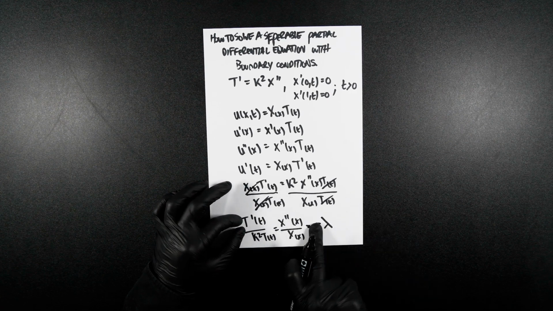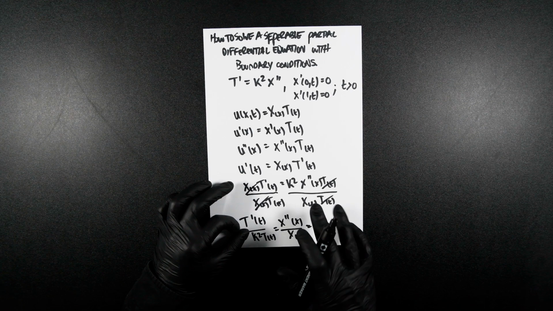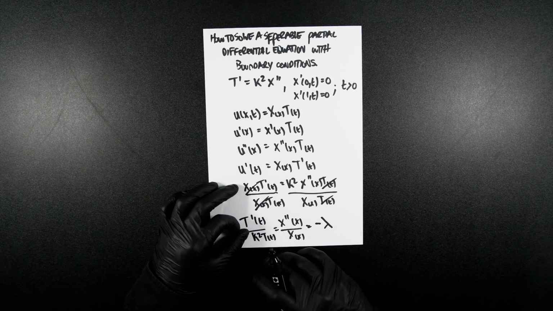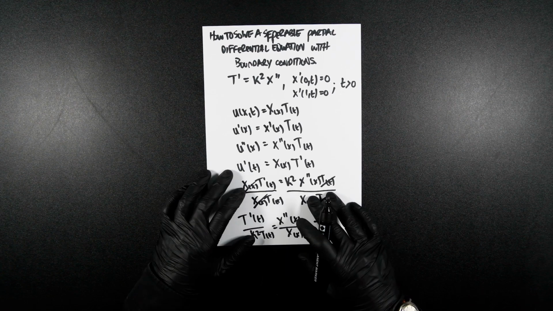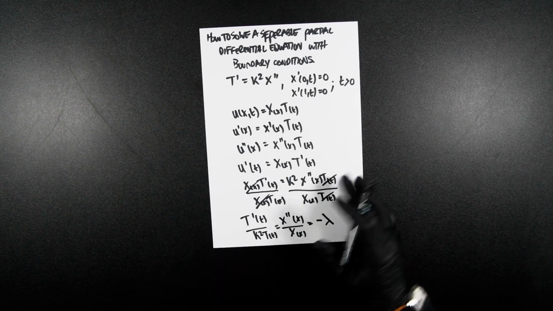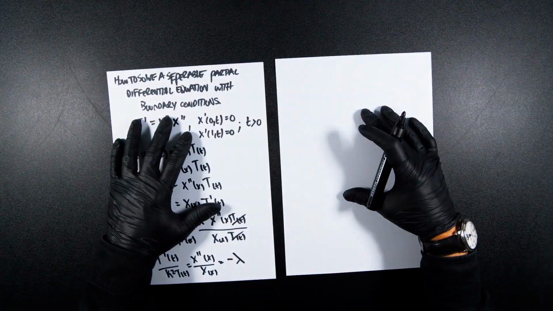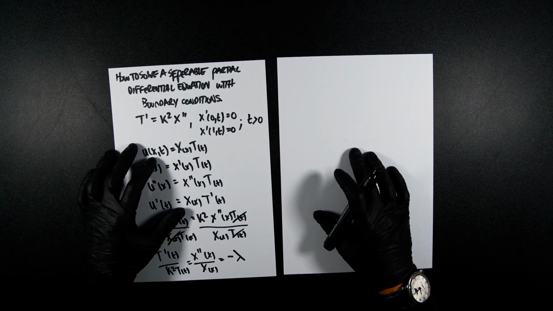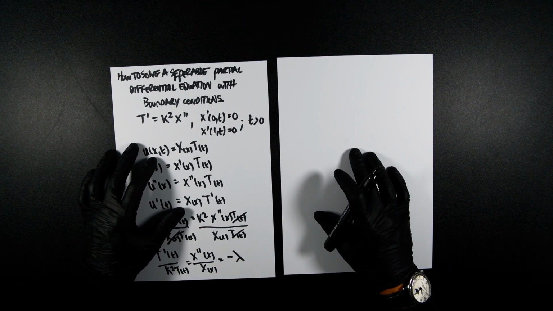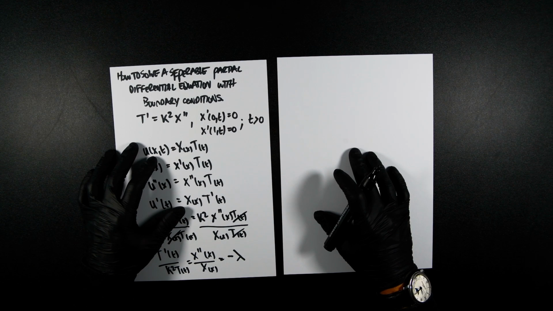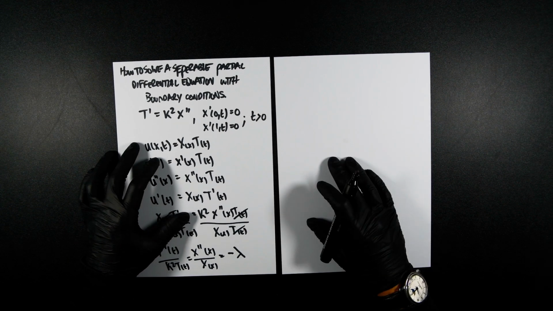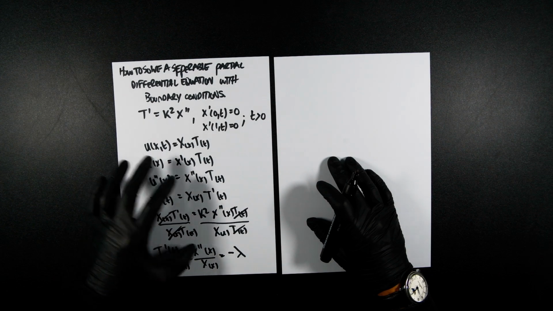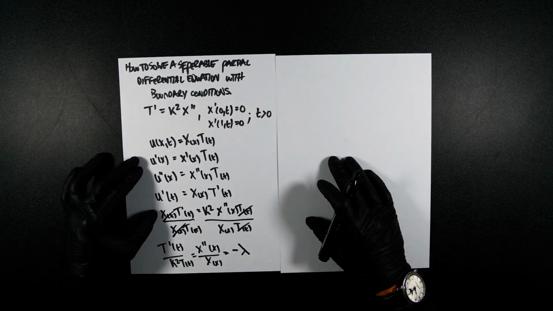Making this just a little naughty lambda does change your end solution quite a bit. But anyway, we're not even halfway there. So let's crack on. Okay, this is called a Sturm-Liouville problem, or Strom-Liouville problem. I can never pronounce any of these words, thank God I do maths. With Neumann boundary conditions, we know that these are all equal to each other, so we can start playing around.